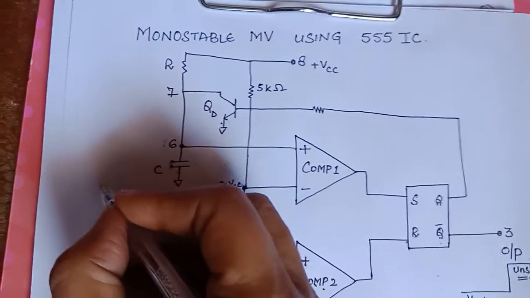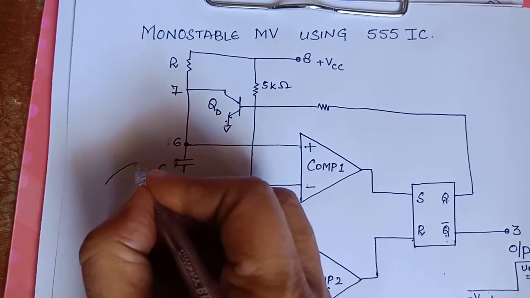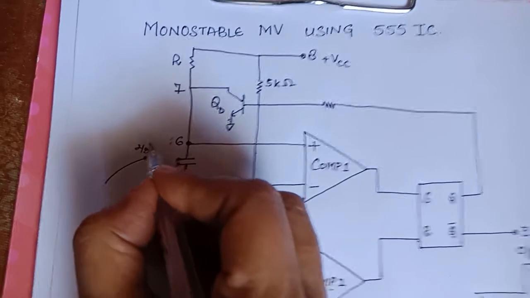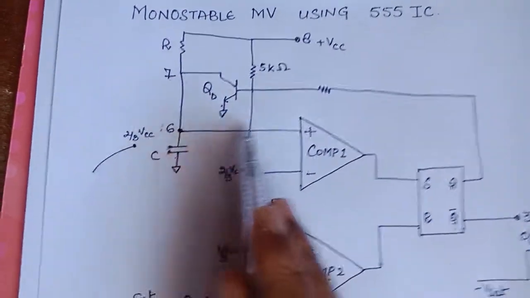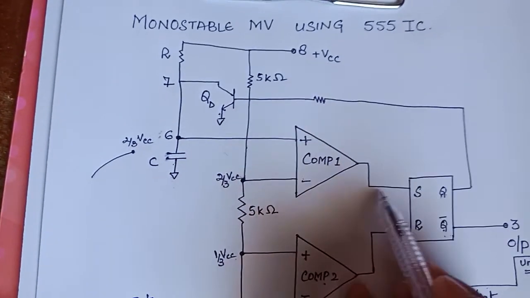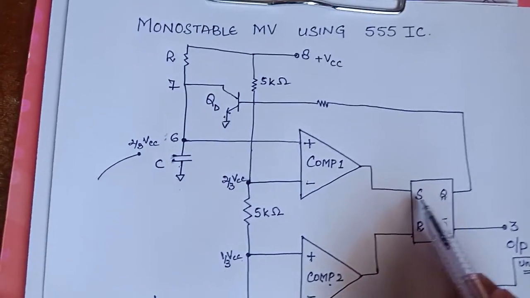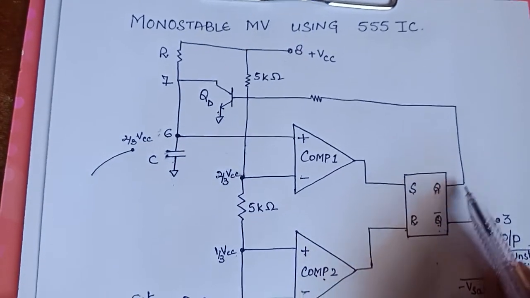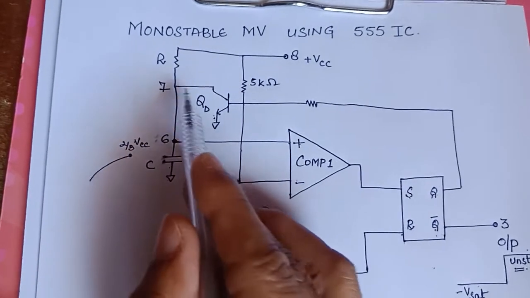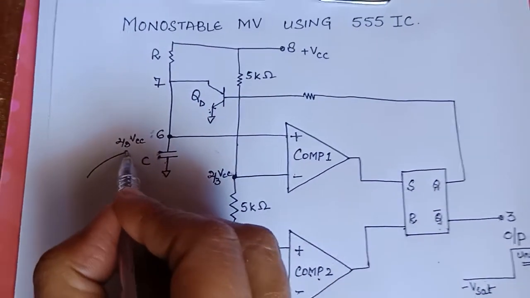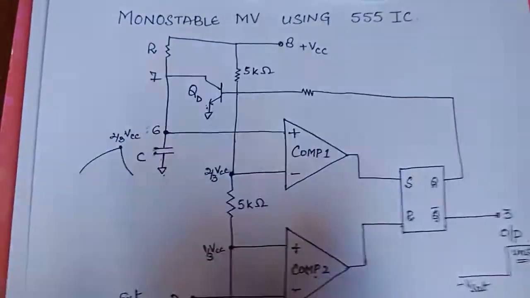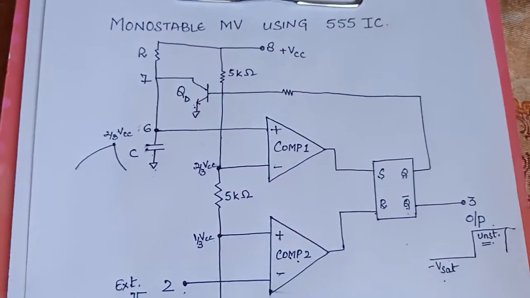When the capacitor voltage reaches slightly above 2/3 VCC, it will trigger comparator 1 and S will go high. When S goes high, Q will go high and make your transistor QD saturate. In that case, your capacitor will discharge again because it is directly connected to ground. This is the working of the circuit.